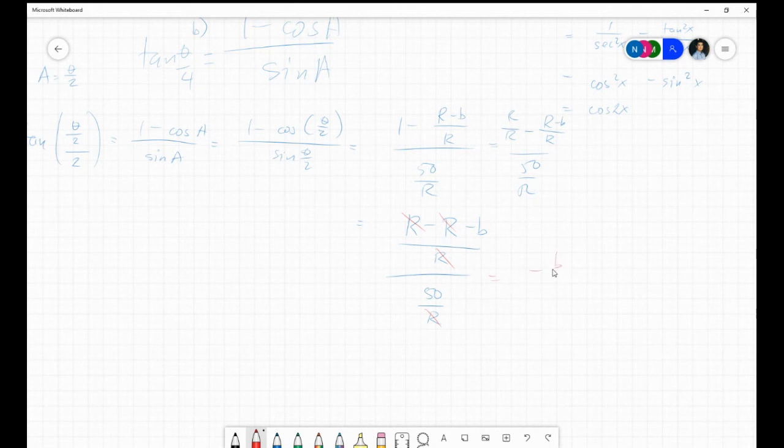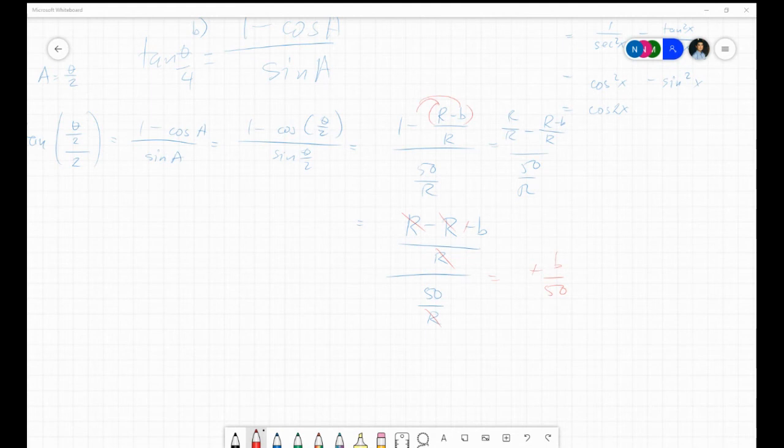So I have negative b over 50. Okay. Actually, I don't think it's negative b. It's actually positive because I need to put parentheses here and distribute this. So that will become a positive b, not negative b.